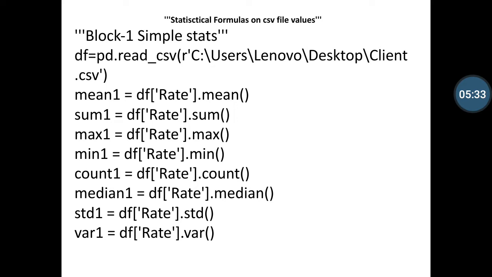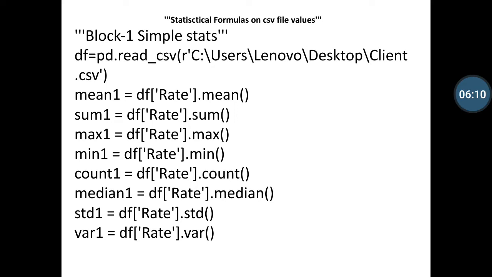So I use df data frame is equal to pd.read_csv, then put the path where my file is saved and create a mean1 variable to calculate the mean of the rate column values. So I define mean1 is equal to df['rate'].mean(), the function called from the pandas library.